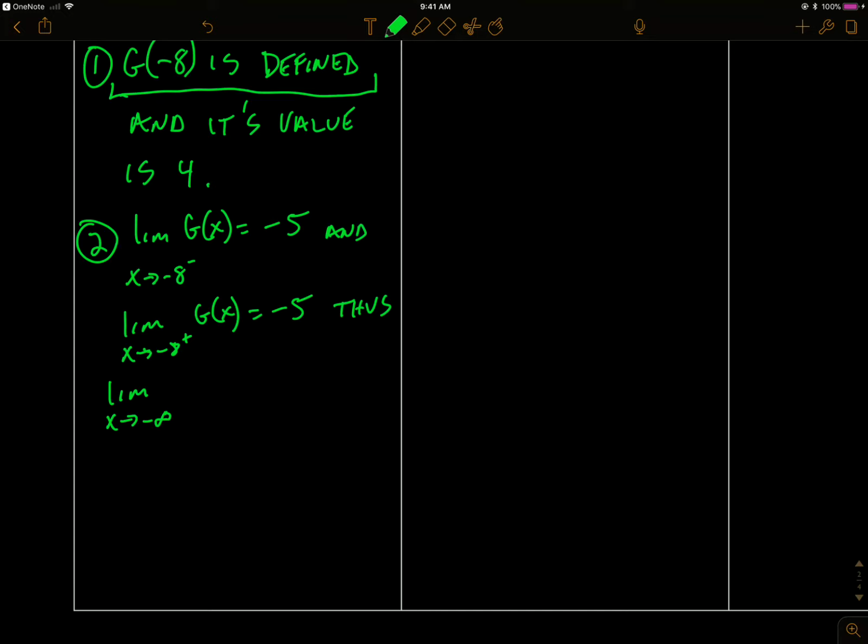I'm hoping by this point we can do that. You can ask me about it in class if you're not sure why I'm getting one of these limits from the graph. The limit as x approaches -8 of g of x exists. That's all you really need to say for part 2, but we are going to want to know what its value is. So we say the limit exists and its value is -5.